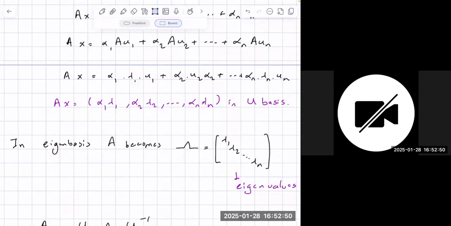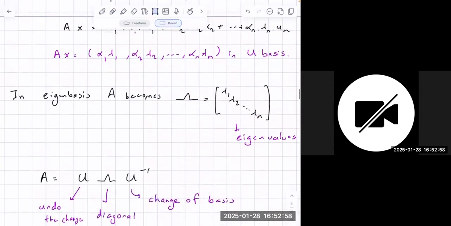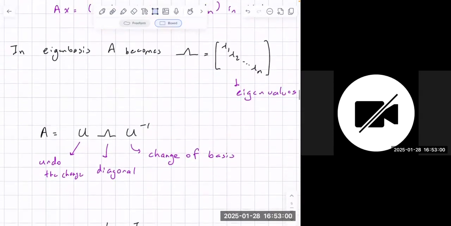Take the first coordinate multiplied with this, second coordinate with this. It becomes rather simplified, right? Very good. And the way you would see this written in books, it's going to look like this. A, you will see equal to U, this thing right there, U inverse. Okay, that's what you will see in the books.